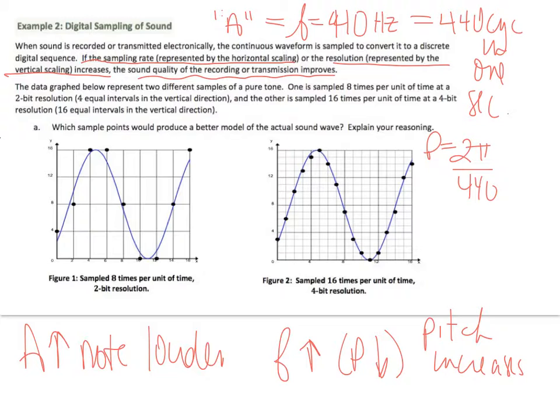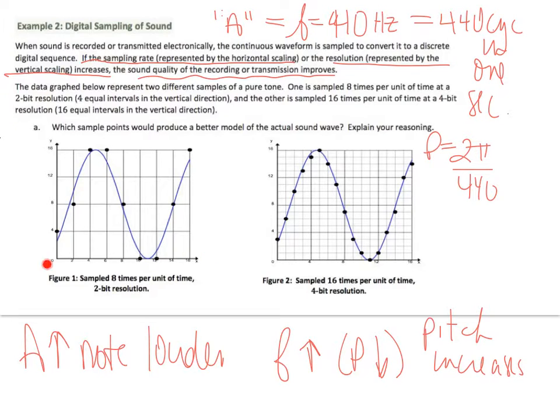If you look at the rest of the problem, the data graph below represents 2 different samples of pure tone. One is sampled 8 times per unit of time at a 2-bit resolution, and the other is sampled 16 times per unit of time at a 4-bit resolution.